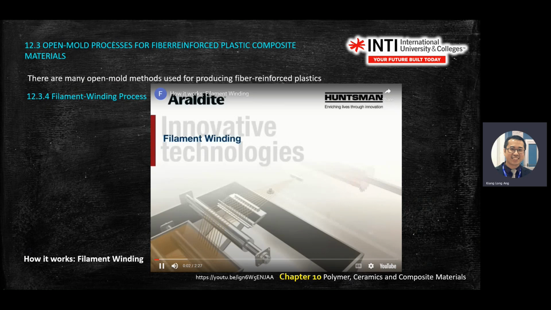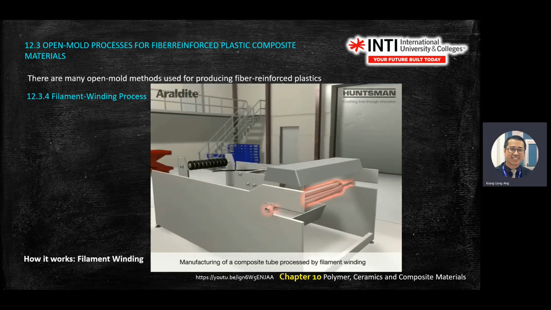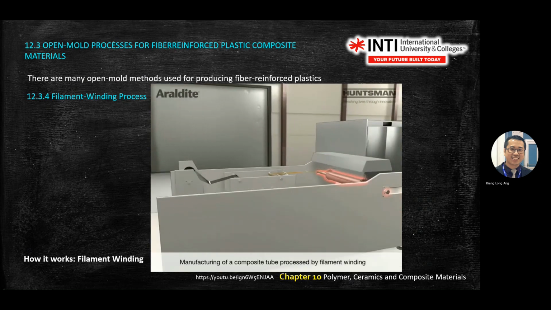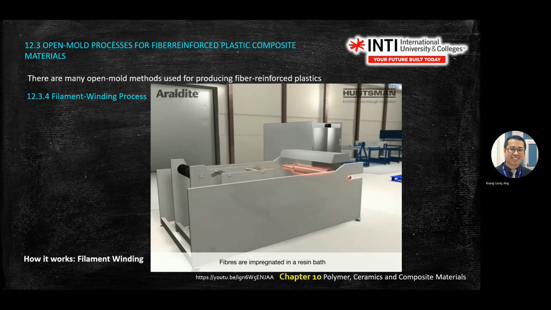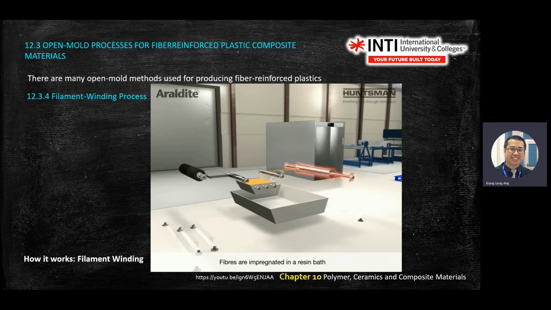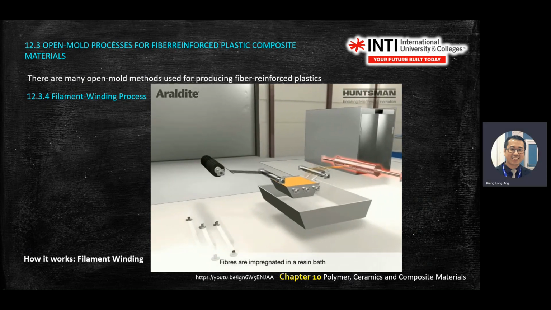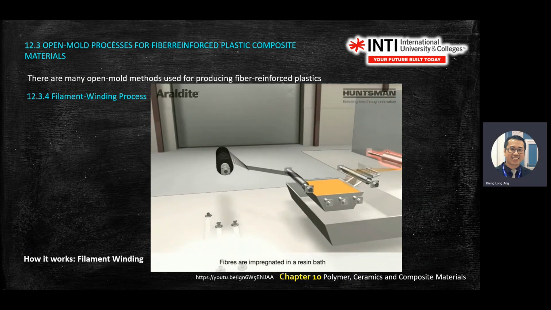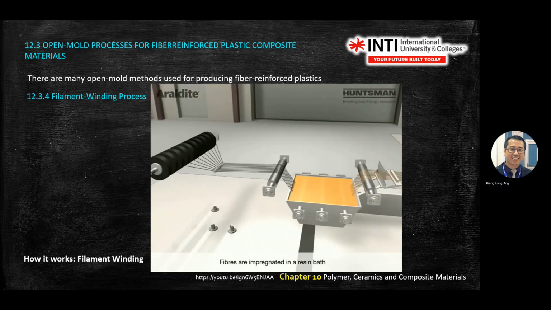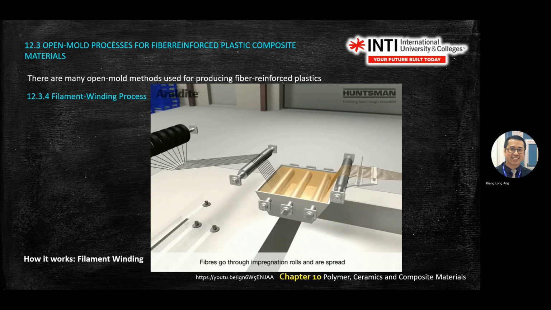Filament winding is like making wires, all this. So this one will rotate, then it will move so that the composite layer will be laid down.